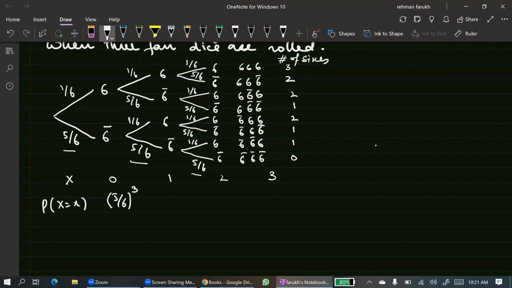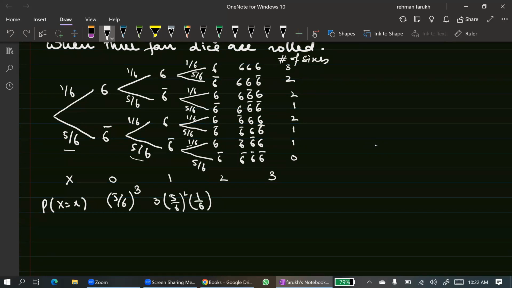The probability for x equal to 1 is 5 by 6, 5 by 6, and 1 by 6. And there are 3 such outcomes. So the probability is 3 into 5 by 6 square into 1 by 6.